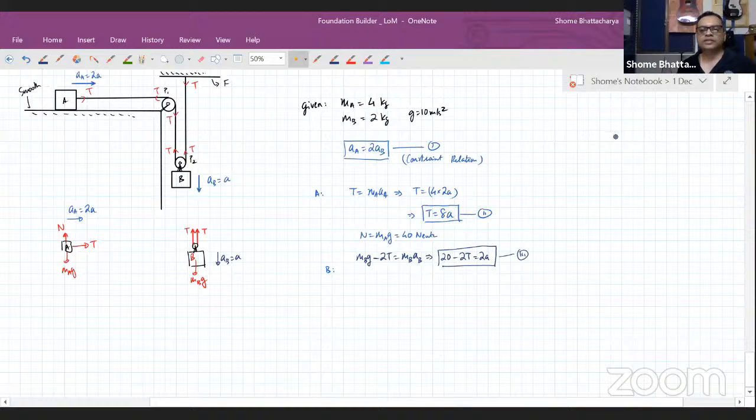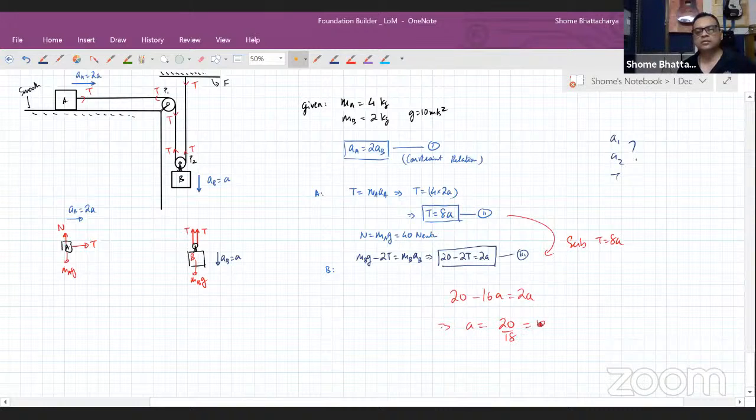Okay. So we had variables A1, A2 and T, three variables, and we've got three equations. So now just substitute the value of T from here. Substitute T equal to 8A. So we'll get 20 minus 16A is equal to 2A. So A comes out to be 20 by 18, or 10 by 9, or 1.11 meters per second square.